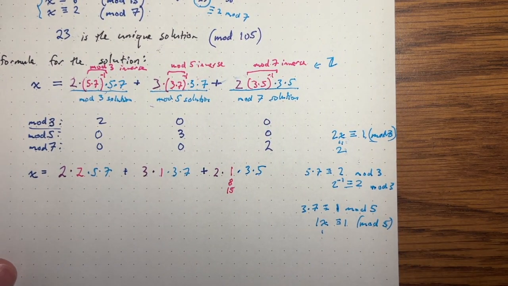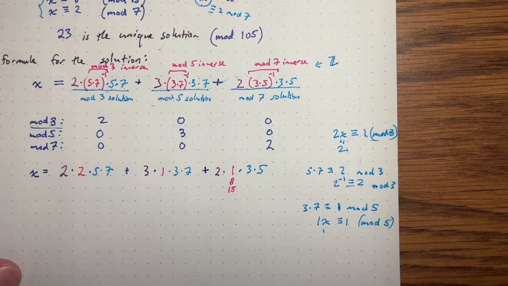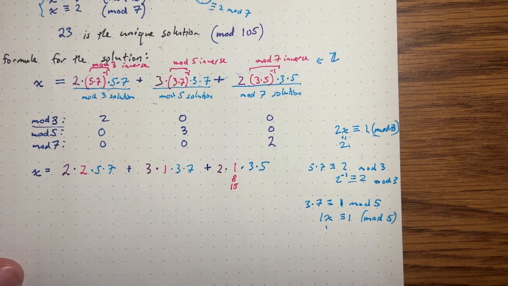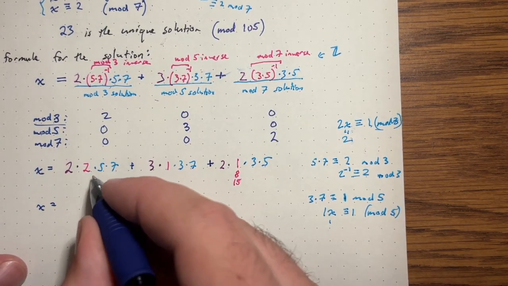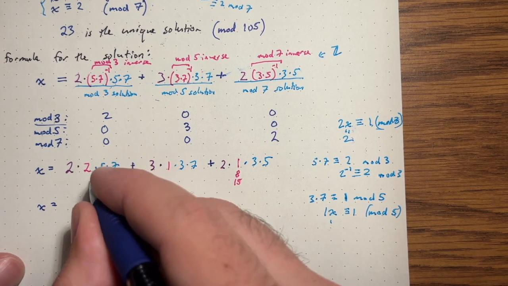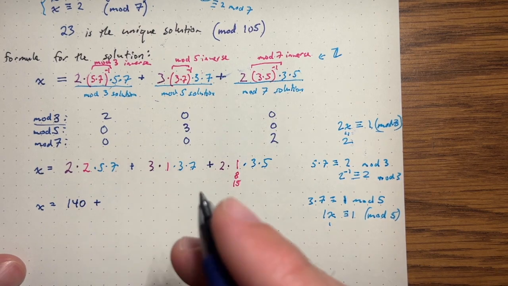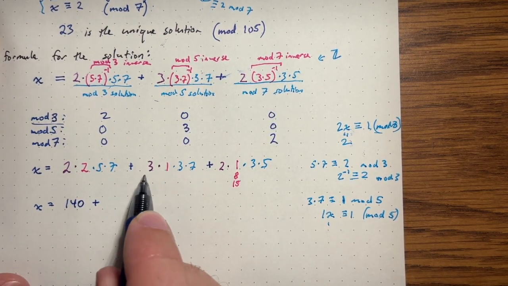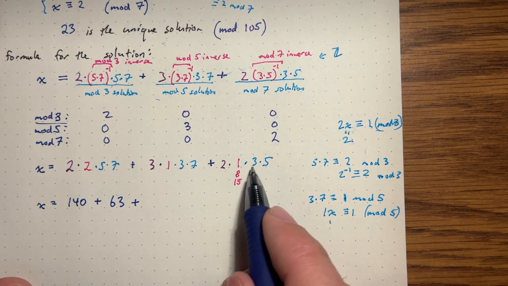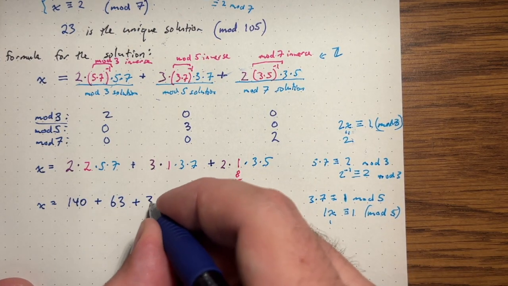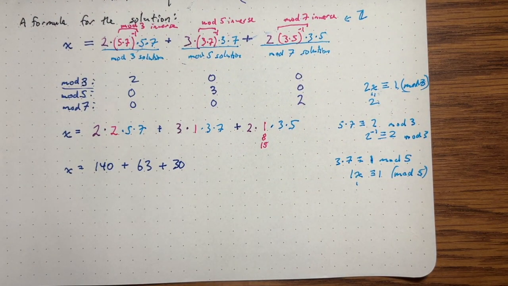Okay, let's actually calculate this out. So what do we get? We get x is, sorry, what is this? So this is 140 plus 9 times 7 is 63 plus 2 times 3 times 5 is 30. So now I'm just working in the standard integers now. And what do we end up with?